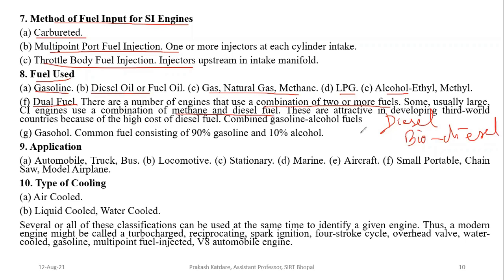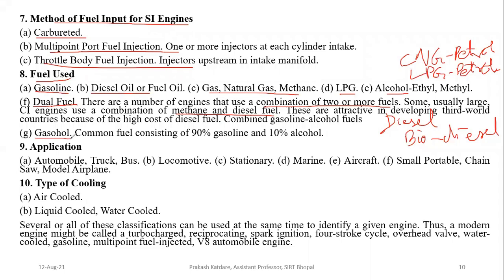There can be different combinations, or we are using CNG and petrol, or one more combination which is very common in our country, which is LPG and petrol. So these are basically dual fuel IC engines in which we are using two or more types of fuel.